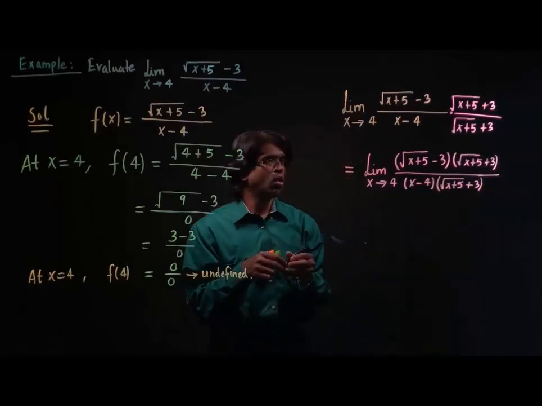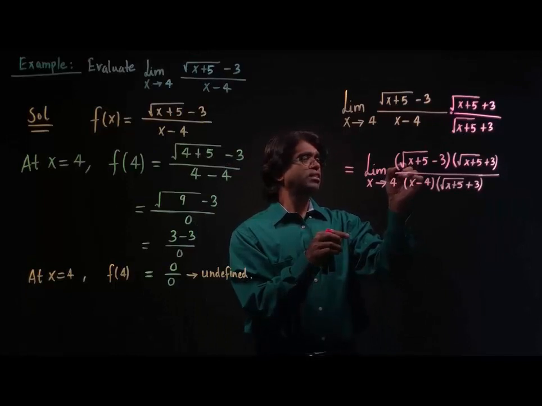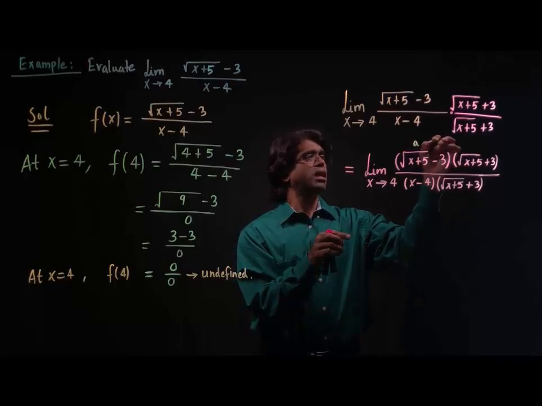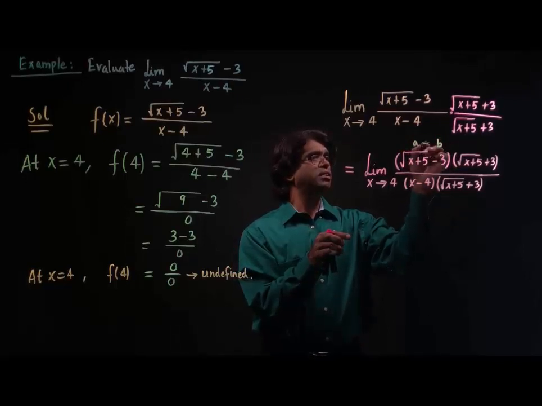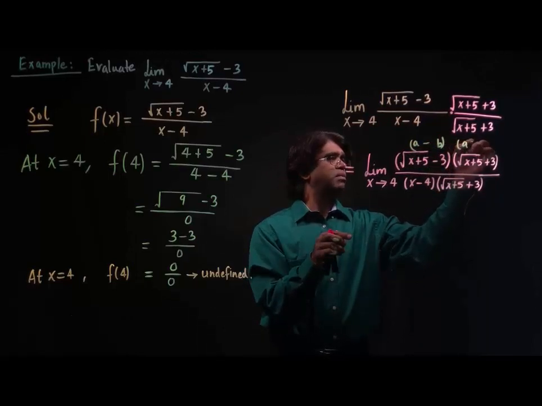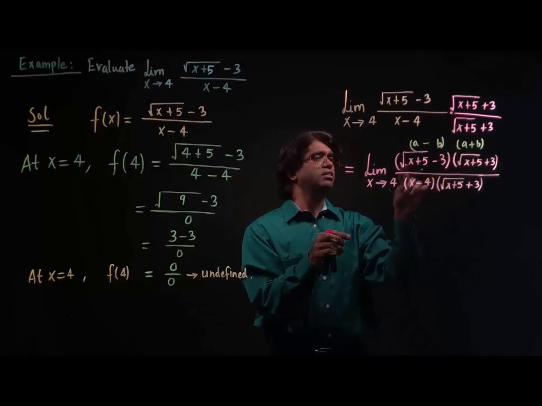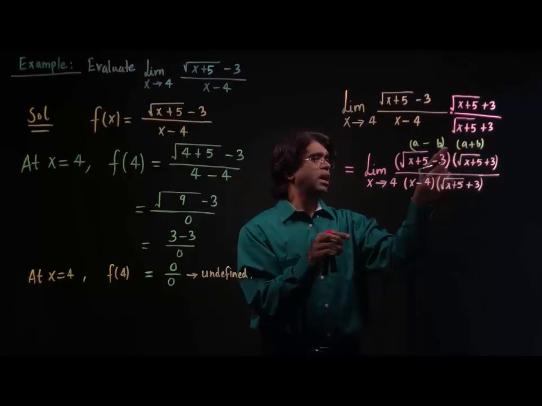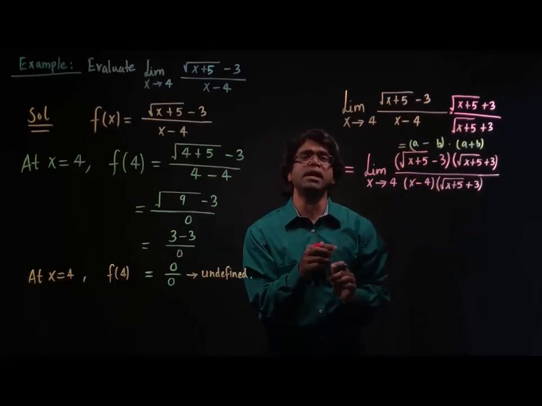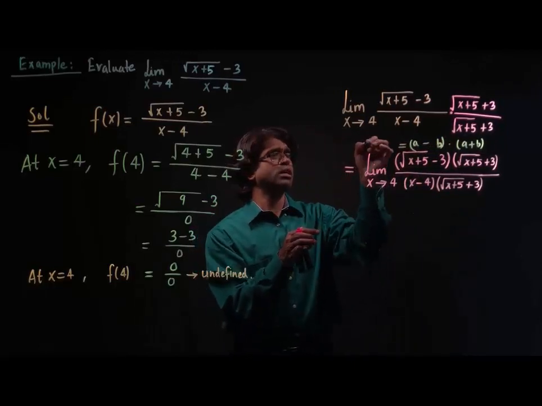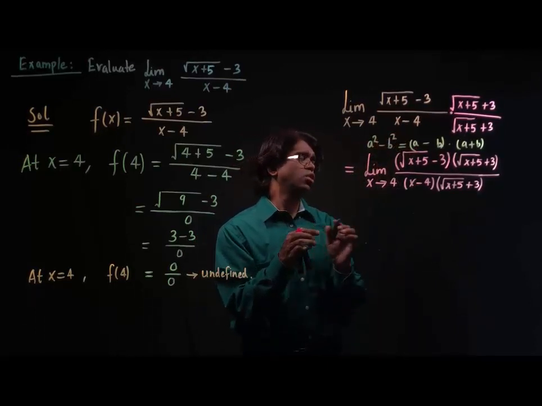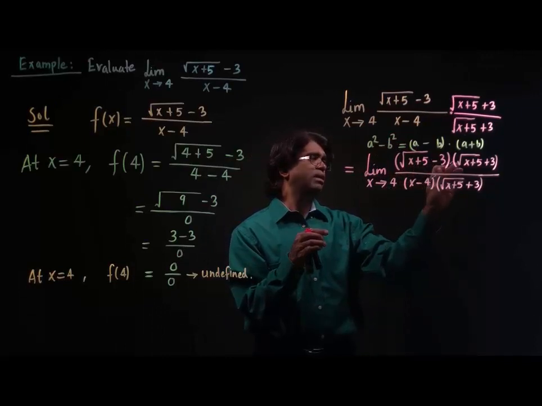If I consider the square root of x plus 5 as my a and 3 as my b, I have a minus b times a plus b, and we all know that the formula for a minus b times a plus b is a squared minus b squared.